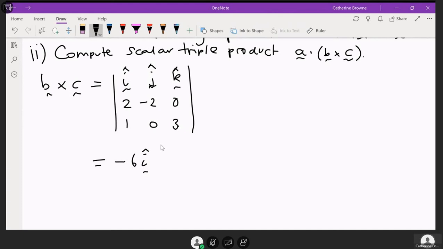Excluding the second column, we have minus 2 times 3, which is 6, minus 0, so again we get minus 6j.